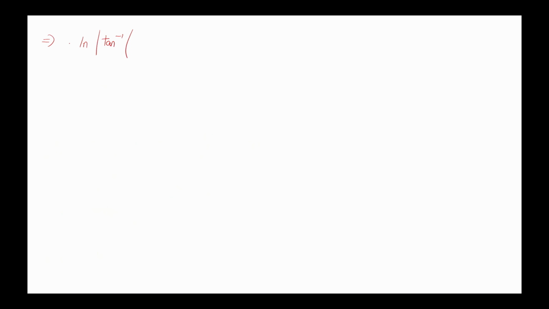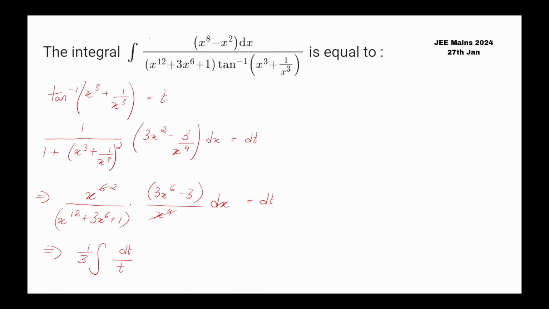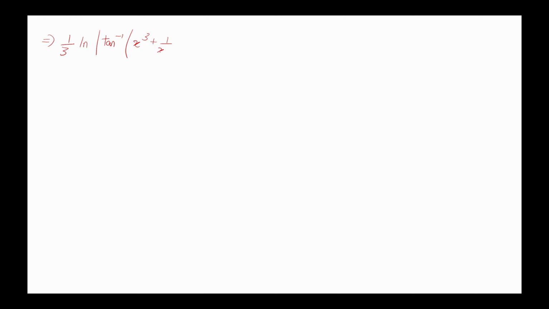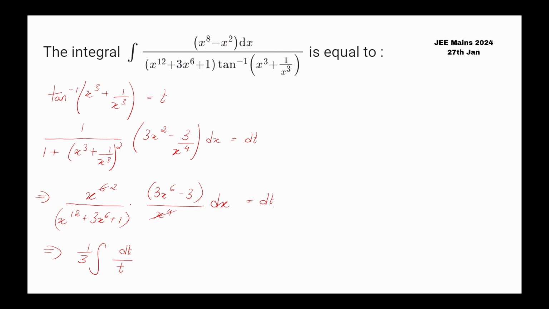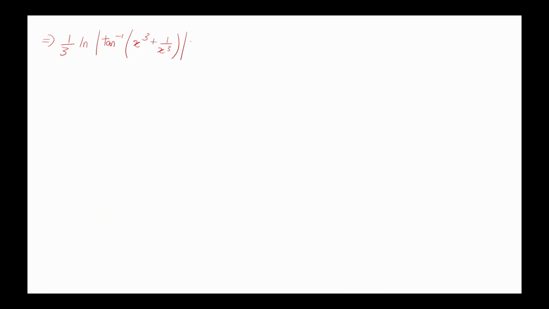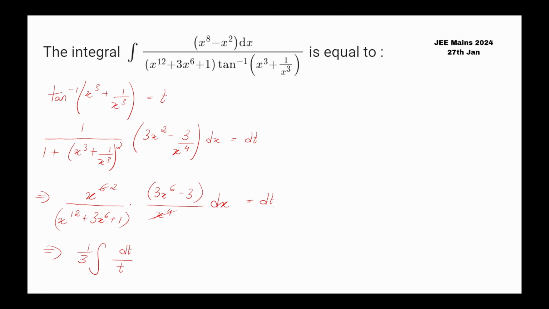So I have 1 by 3 outside, ln t, and my t value that I had assumed was tan inverse of x cube plus 1 by x cube. So this is what I've gotten as my tan inverse. And that is exactly what we had to find out in the question. So plus c, a constant of integration. This is my answer. So this is how you can solve questions. Of course, you need to identify what function you can take as some other function, substitution, and then based on that, you generally solve your questions.